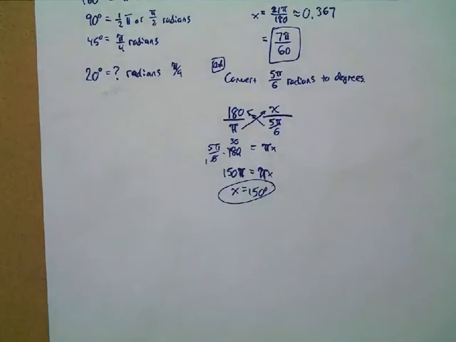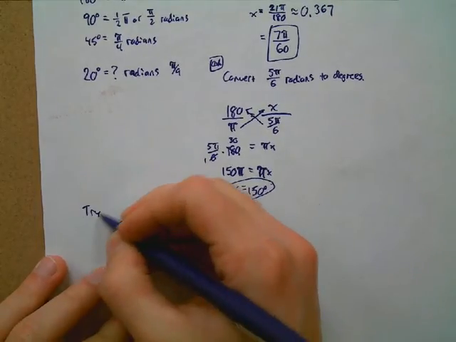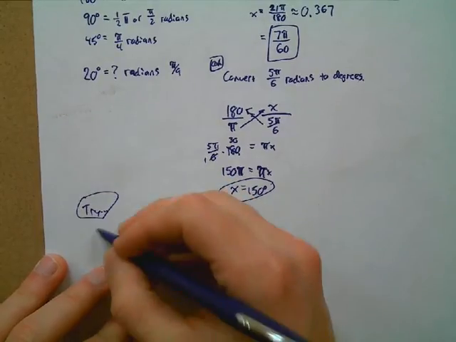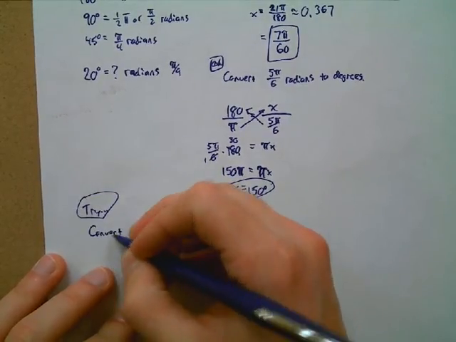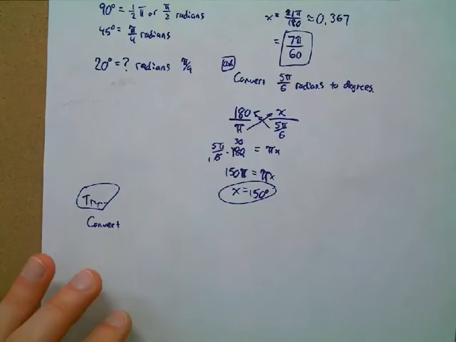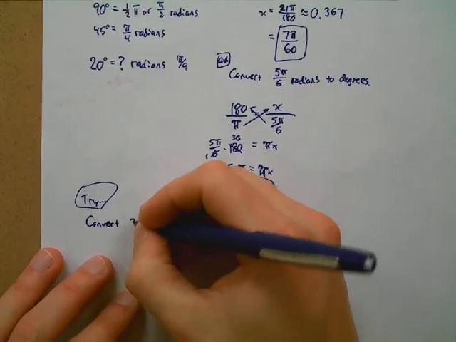So why don't you guys try, I'm going to give you two. Convert 300 degrees to radians. That's the first one.